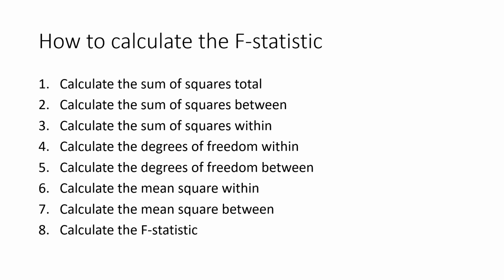But if you break up the calculation of the F statistic into separate parts, as I'll do here, you'll find that it's actually not as difficult as it appears at first glance. So let's look at an example using a small sample of just 12 individuals. This example builds on a scenario that we discussed in the previous lecture. And let's look at how we can calculate an F statistic by hand.